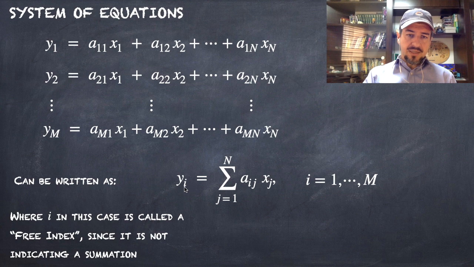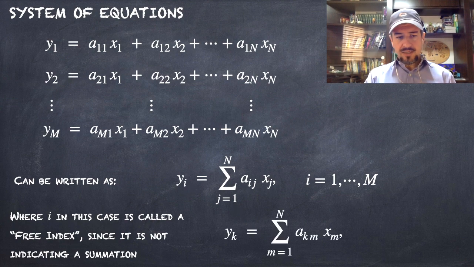where in this case this index is called a free index. It is not indicating a summation, it is only indicating the equation that we are considering. In that sense, we can change it, for instance, to k. Instead of i, we can use k. You see here, a_ik.